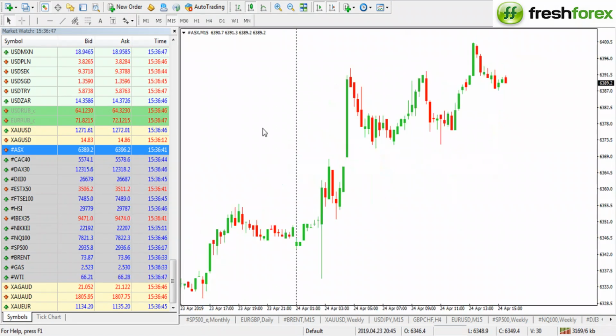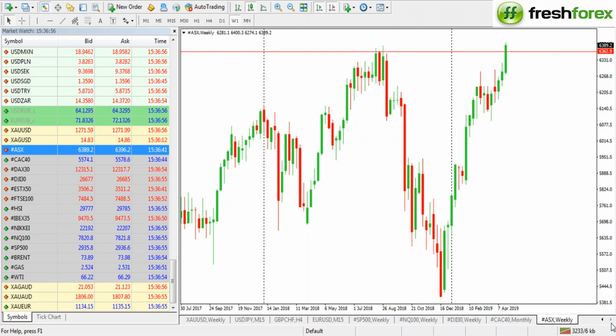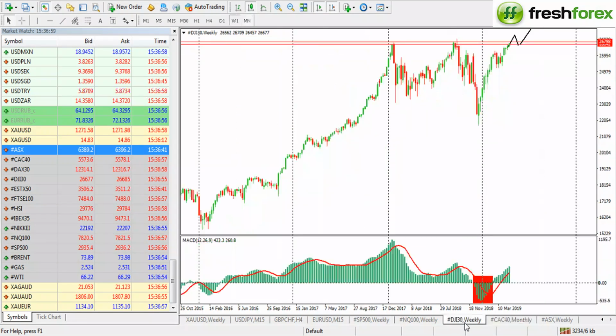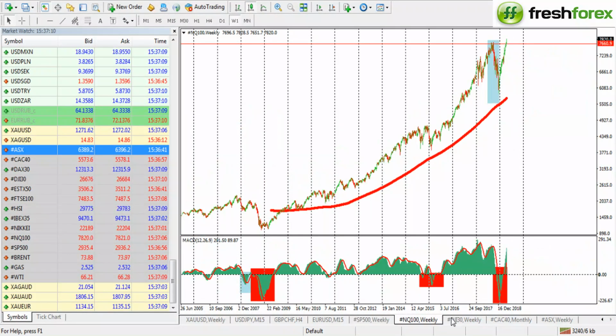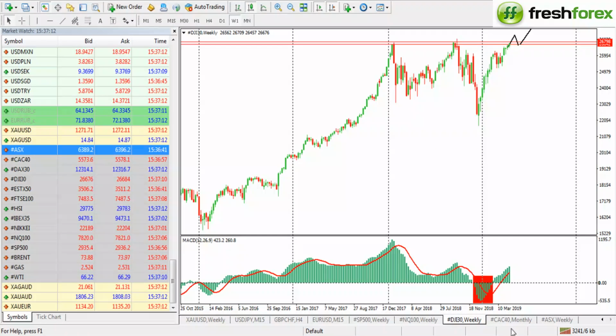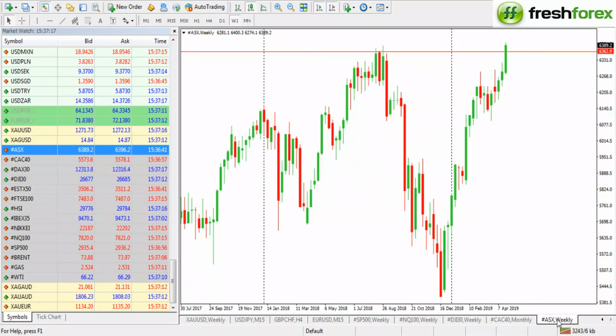If price should close above on all of these, the first one, the second, the third, the fourth, all these 5 indices, then that's a sign that we are proceeding to the upper side. Anytime you choose to buy this one, ensure that the same buy is on NQ100, the same buy is on Dow Jones, the same buy is on the France stock index, and then the same buy should be available on the Australian index.